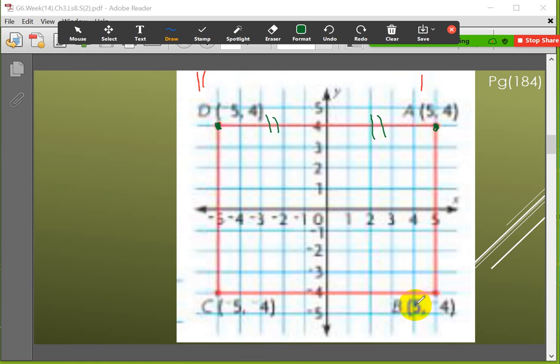Also, if you take a look at B and C. C here is (-5, -4), because C is in the third quadrant, that means we have negative x and negative y. Please, girls, please focus with me and don't talk on the chat.